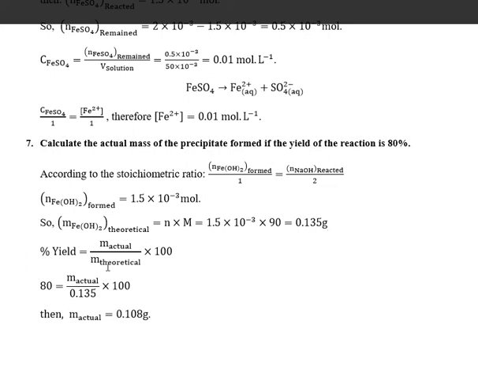So now substitute the theoretical mass in the equation of the percent yield, and the percentage yield is 80, then mass actual is 80 multiplied by 0.135, and the final answer is divided by 100, so you will get 0.108 gram, which is less than the theoretical quantity.